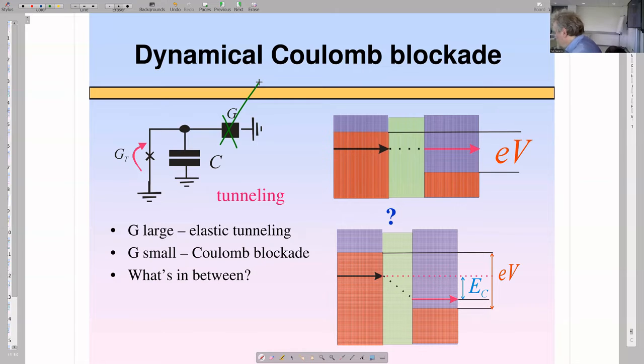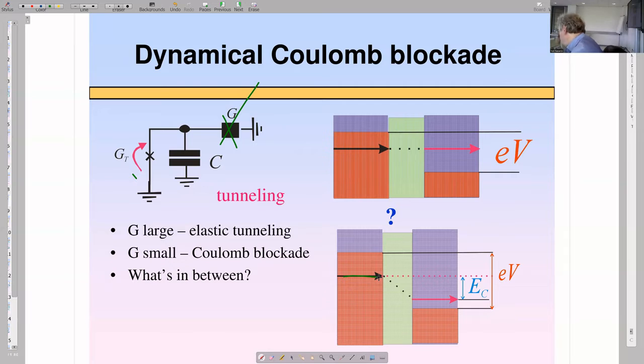An electron which comes here should pay energy to energize the island. Consequently, it will go at lower energy. This reduces the width of the energy strip available for tunneling. It suppresses, it blockades the tunneling rate.